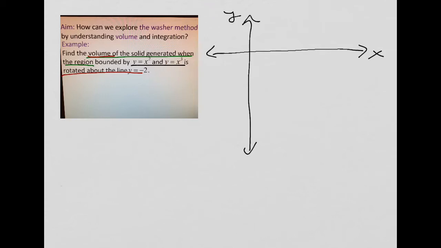Think about it, when it says the line is y equals -2, where that's going to fall. Okay, so that is below the x-axis. And that's why I made that larger. Let me continue to draw this out. Please do the same thing in your notebooks.